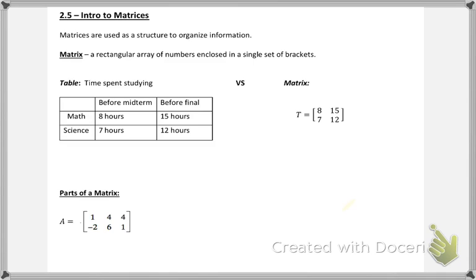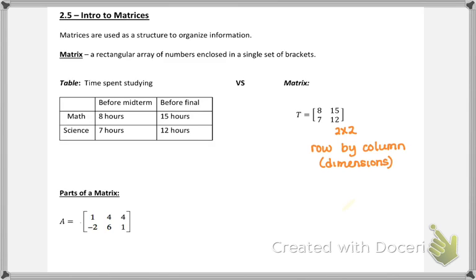Instead of a table, we could also organize the same information in the form of a matrix. So I'm going to call this matrix T for time, and matrix T is going to be a 2 by 2 matrix. This is the dimension of my matrix, 2 by 2. The dimensions of a matrix is always written in row by column. So 2 rows, 2 columns, which represents the dimensions.